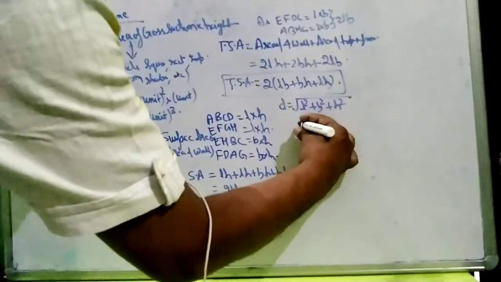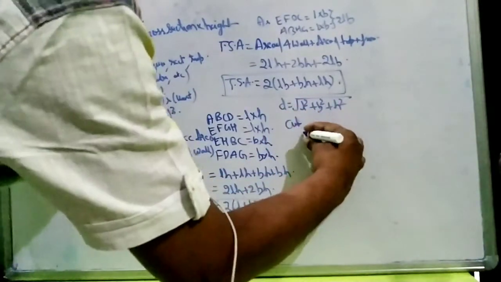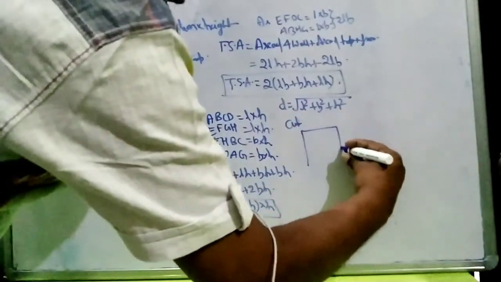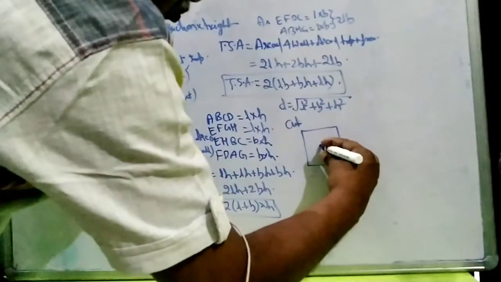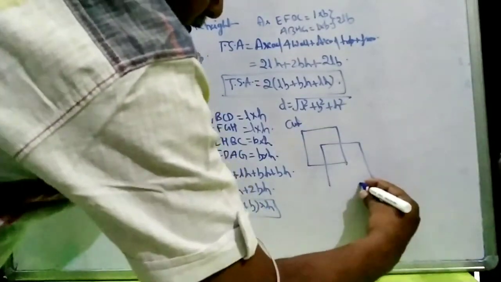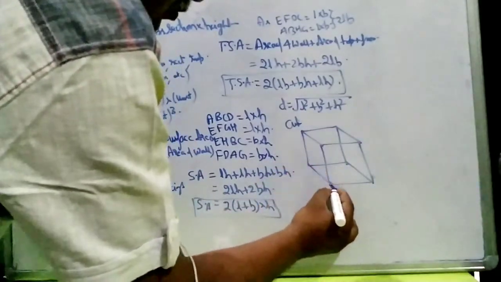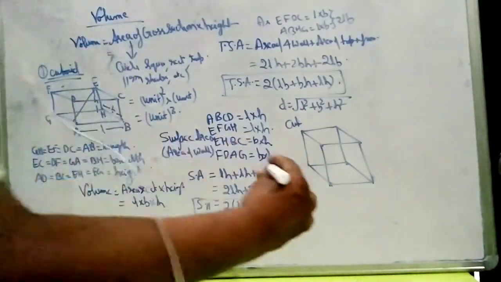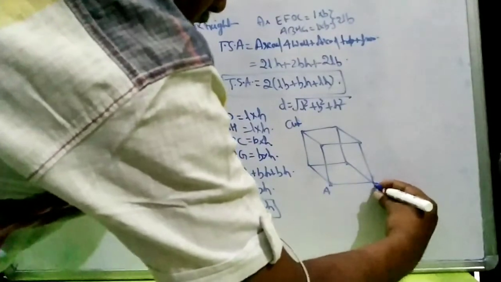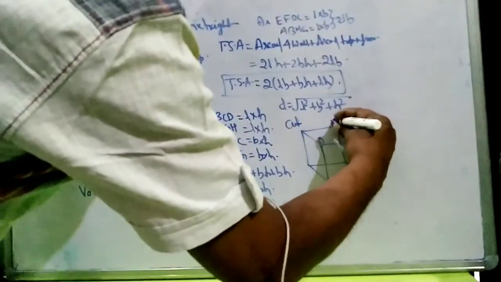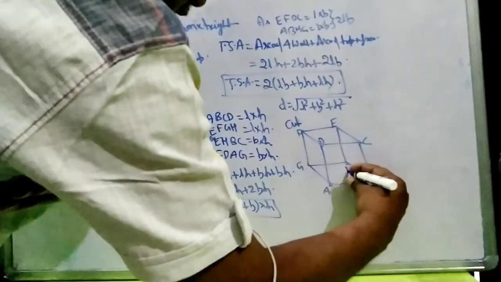Then comes the cube. A cube means all the sides are equal. It is ABCDEFGH.